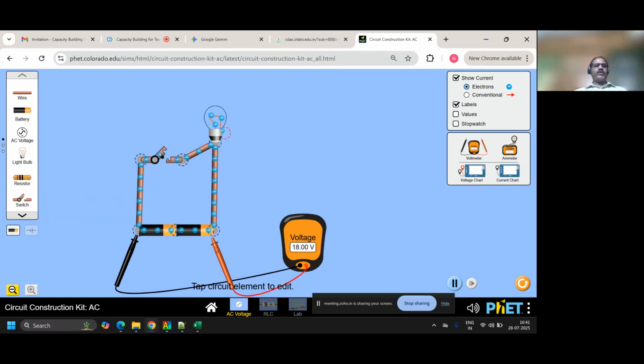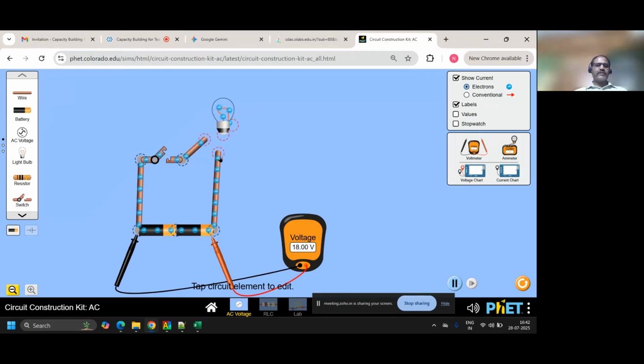If I switch on, what will happen? Let us see. I expect the bulb to glow because the current will pass through that. The bulb should get brighter. Now I switch on. The bulb is not glowing. The battery is burning, so I switch off. The reason is the bulb has two ends.